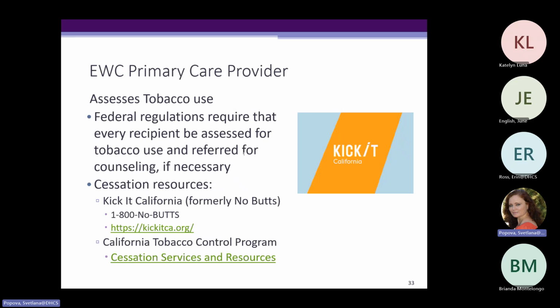If applicants answer the question about tobacco use positively, staff have to alert the provider so the provider can talk about tobacco cessation and also refer the patient to cessation resources. We listed two of the major resources, such as KICKIT, which is formerly No Butts, and the California Tobacco Control Program.